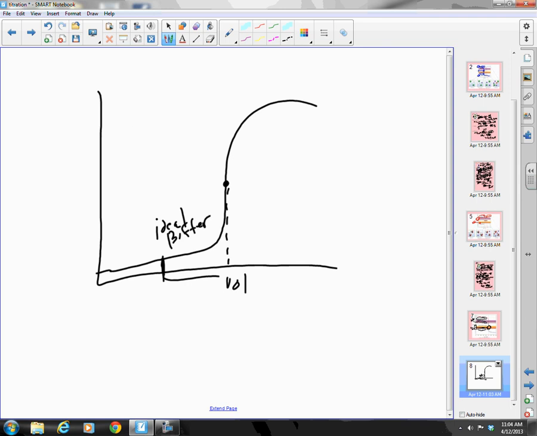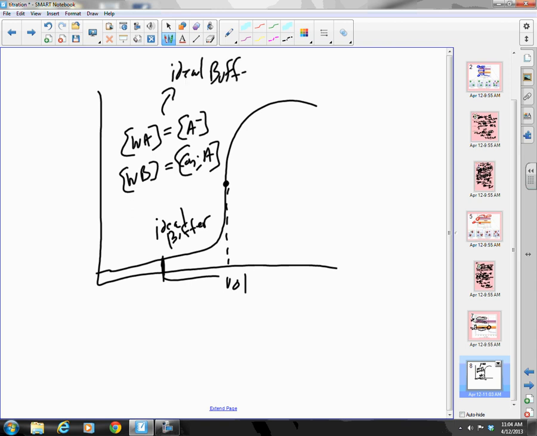And the ideal buffer means that my weak base concentration, or my weak acid concentration, whichever the buffer starts with, is equal to my conjugate acid concentration. That is my ideal buffer.